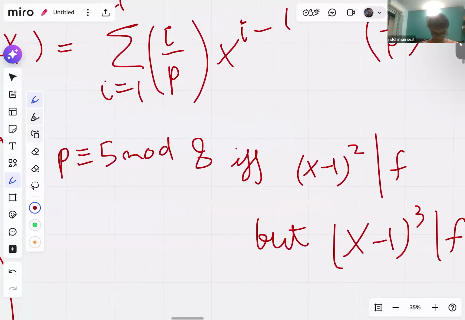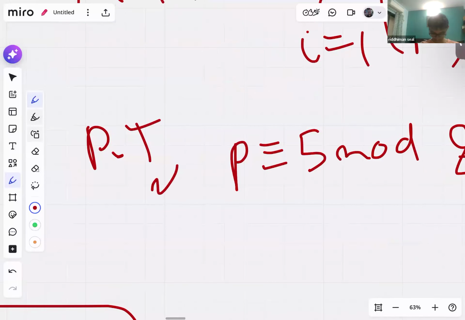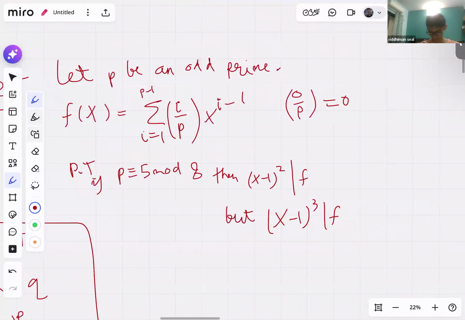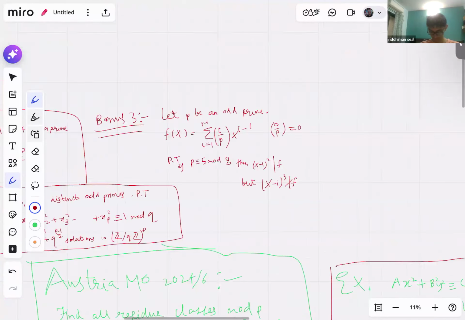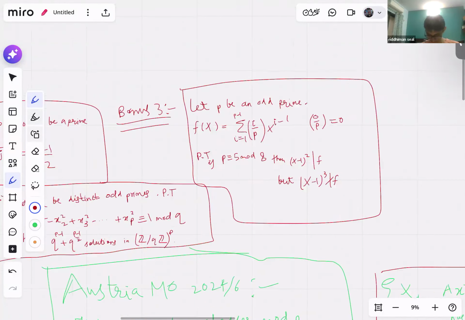This is the third bonus problem. This is mod 8.